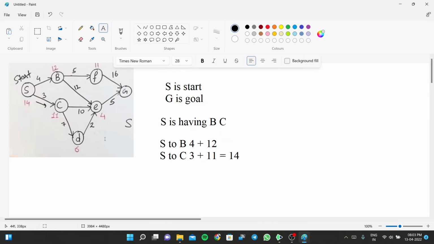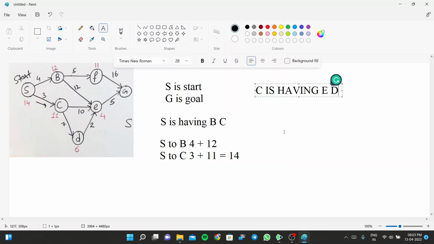So now I will continue with C. C has E and D. From C to E it is 10 plus 4, and C to D it is 7 plus 6. So 10 plus 4 is 14, and 7 plus 6 is 13.